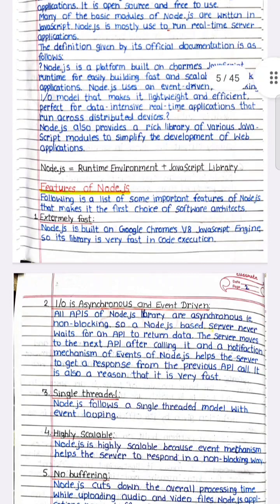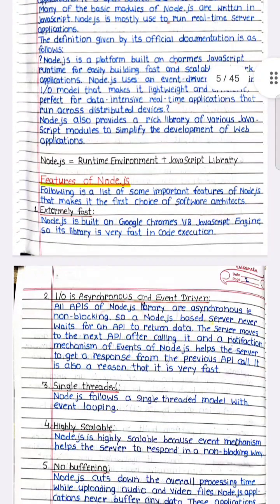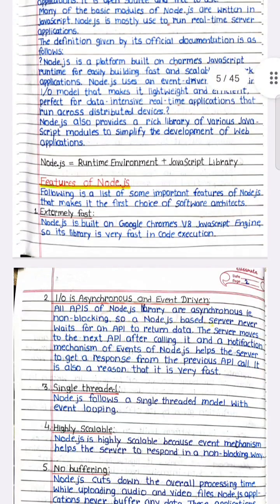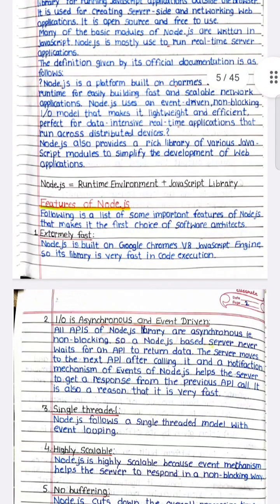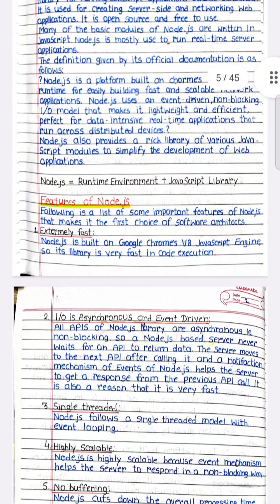Now, Node.js equals runtime environment plus JavaScript library. What does it mean? It means that at live runtime, it will directly communicate with the JavaScript library. As we know, Node.js is totally written in JavaScript, so you can write any logic, any code in Node.js.